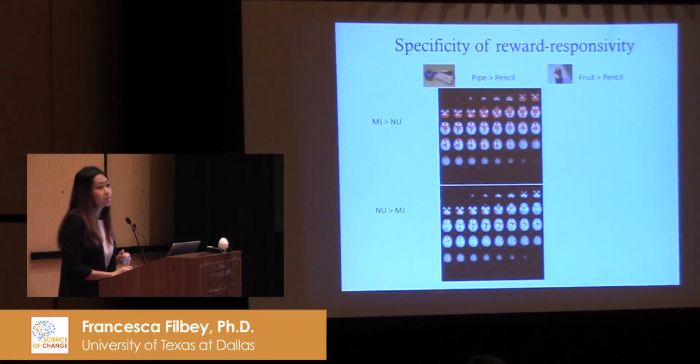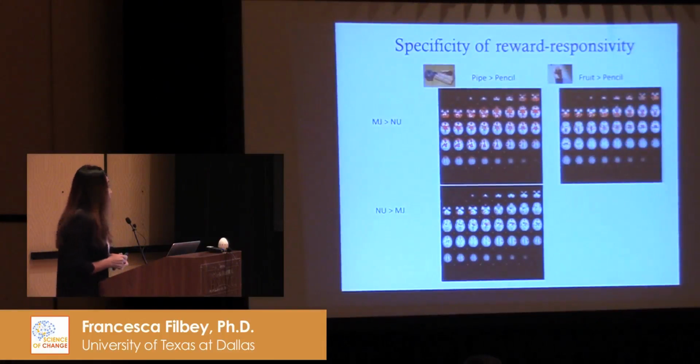So now, what about these natural rewards? Do marijuana users still respond to natural rewards? Again, the contrast is against a neutral object. And we found that they do. So they still do find these natural rewards appetizing, but visually, it looks a little less in terms of extent of activation relative to the marijuana pipe.